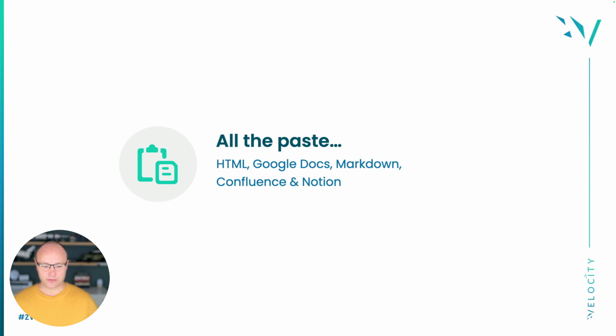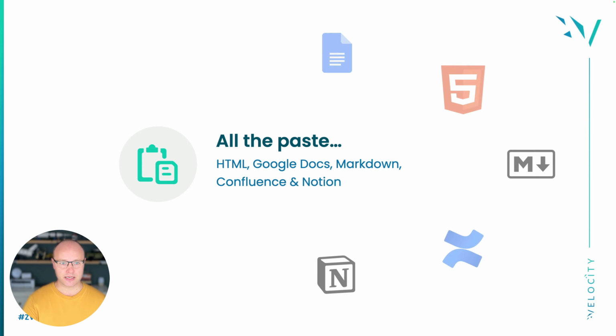We started building Canvas with the core focus on getting people into Contensis to write that content in the first place. And we know people create that content in all sorts of different places. So right at the beginning, we wanted to ensure that we could paste from all the common places, whether that was Google Docs, directly from HTML or Markdown, or services like Notion and Confluence.